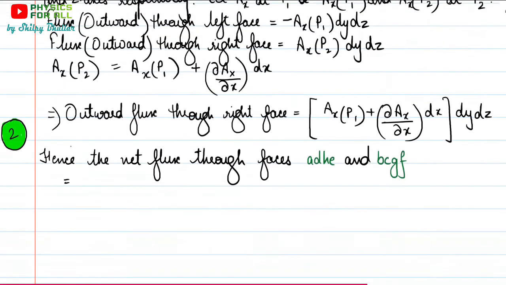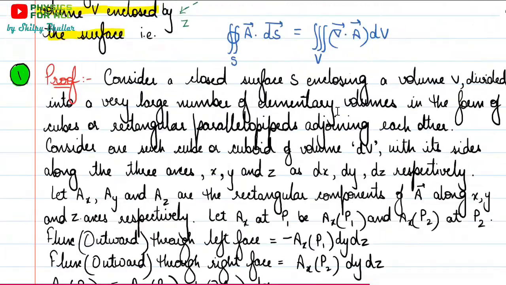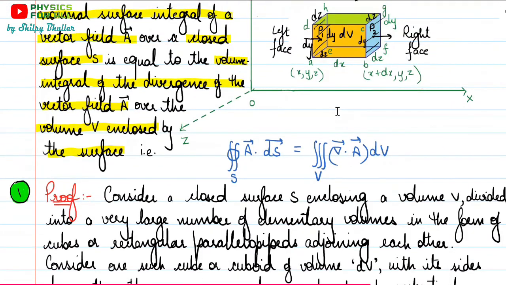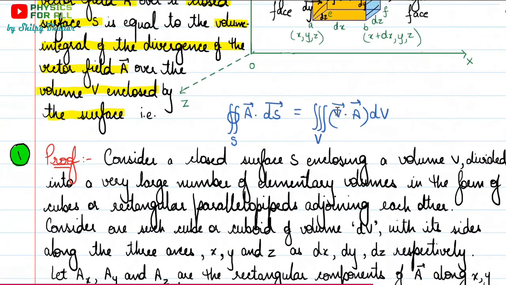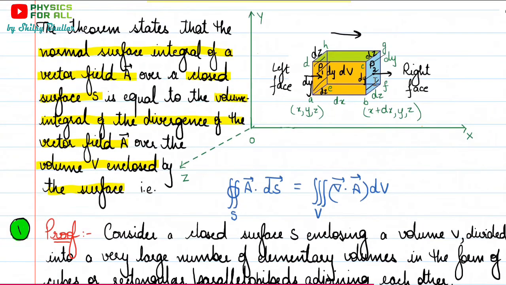We have found the outward flux through the left face, we have found the outward flux through the right face. Now we have to find the net flux through these two faces, this left and right face. So how do we find net flux? It is by subtraction. We'll subtract the flux through the left face from the flux which is coming out through the right face.